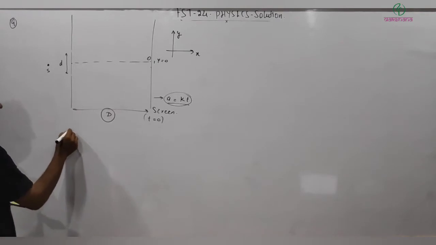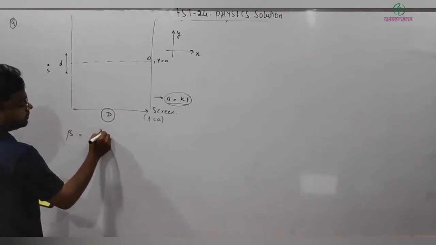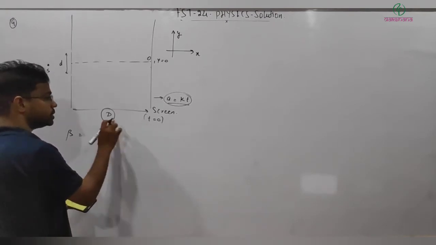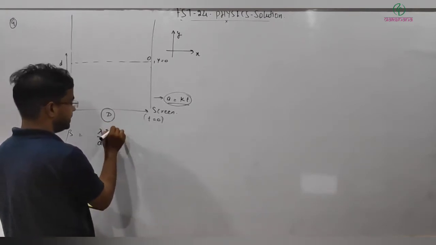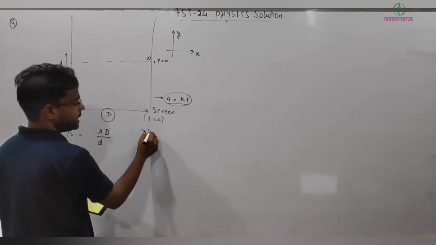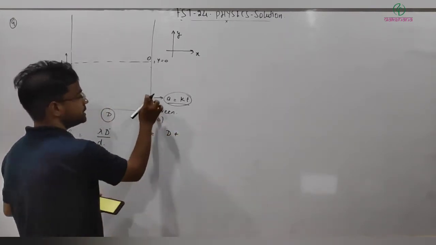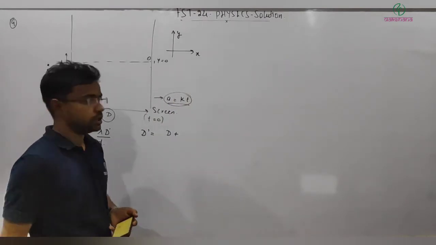So first, what is fringe width? Fringe width is equal to lambda capital D by small d. At t equal to 0 this is capital D, but let's write D prime for any time. D prime at any time is equal to capital D plus whatever distance the screen has moved.